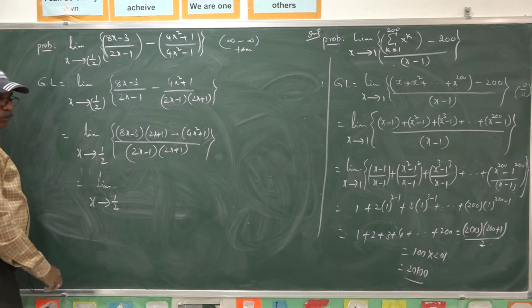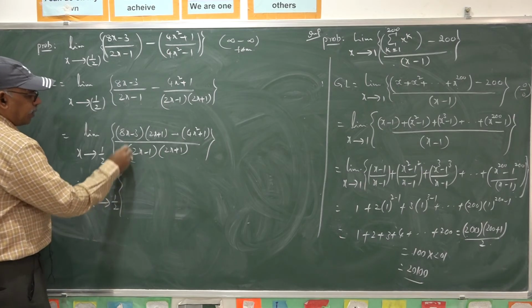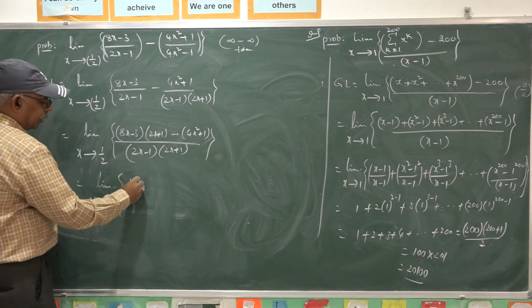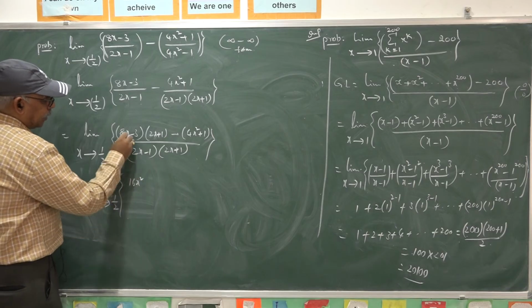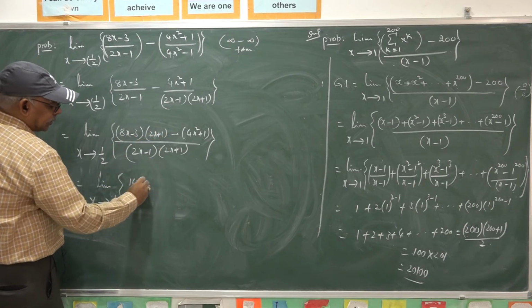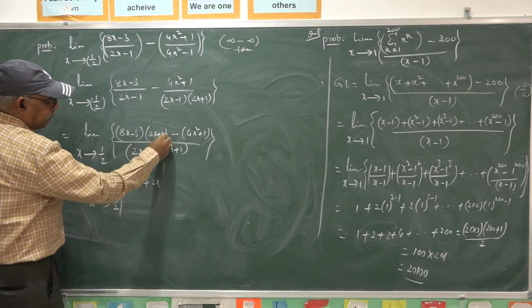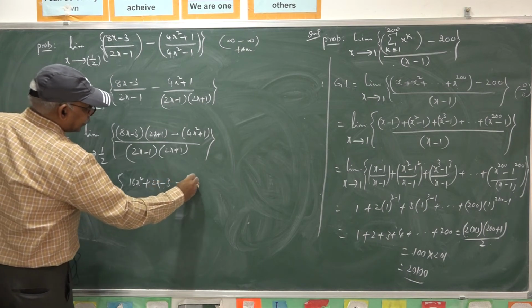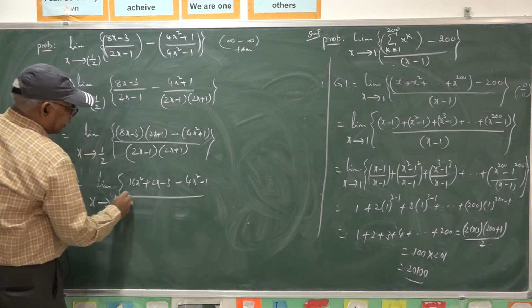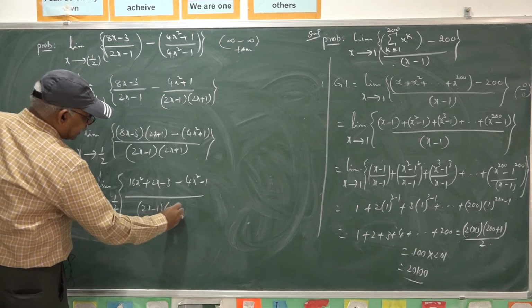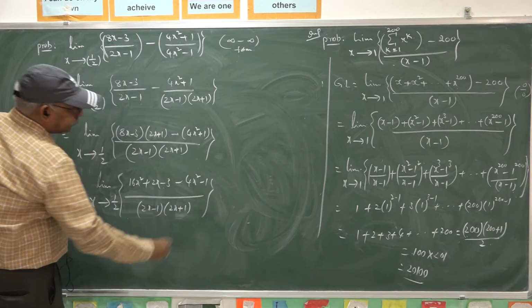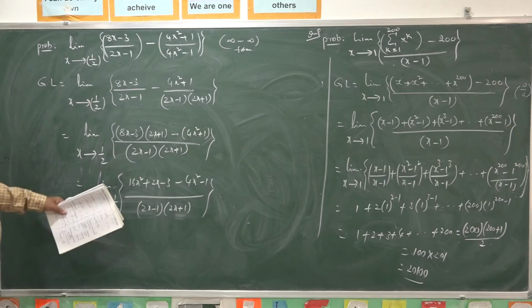This is limit x goes to 1 by 2. Now on simplification the numerator, we get 16x square plus 8x minus 6x minus 3, minus 4x square minus 1, by (2x minus 1) into (2x plus 1).